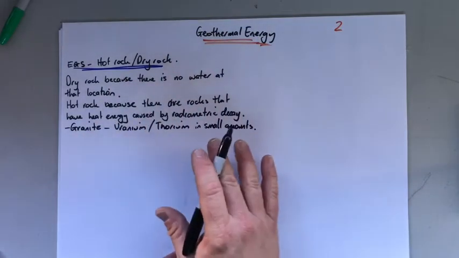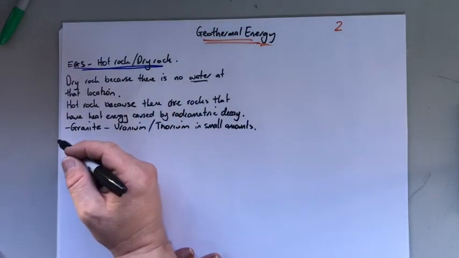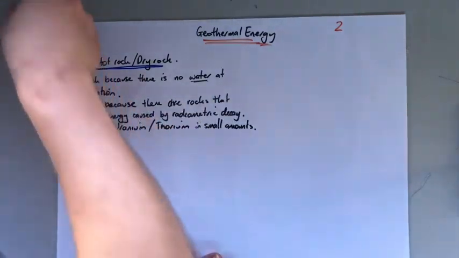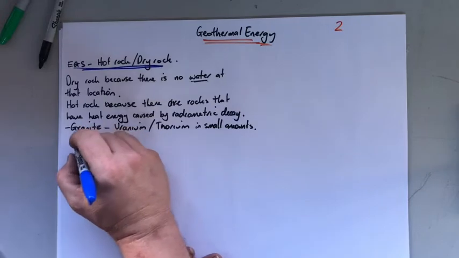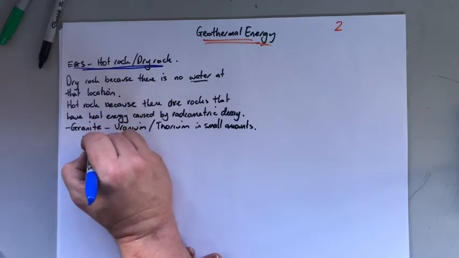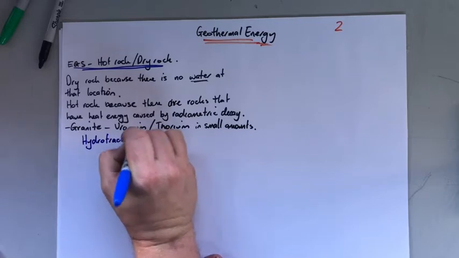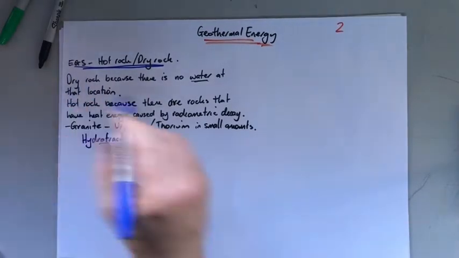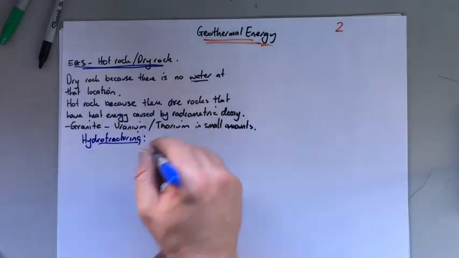So we have all this heat, we have it deep down, but we need water. So what do we do? We've got to pump water down into the rock. This is where it comes to our next little part, which is hydrofracturing. Hydrofracturing is the process where water is pumped under really high pressure deep into the earth.